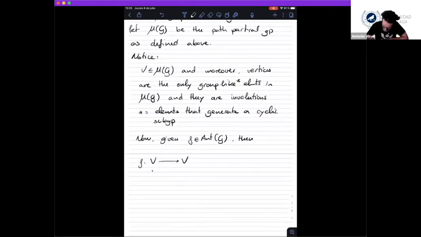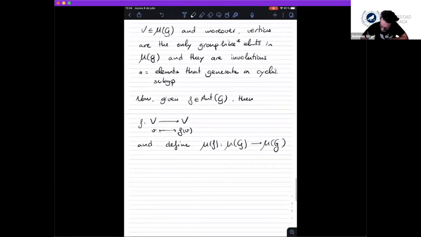So for each vertex v, we get f(v), and define M_f that goes from M(Γ) to M(Γ), given by vertices to f of vertices, right?